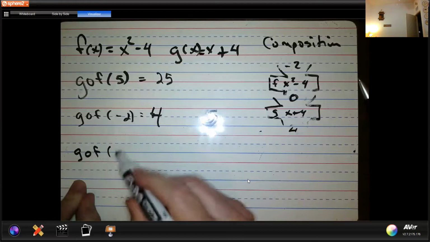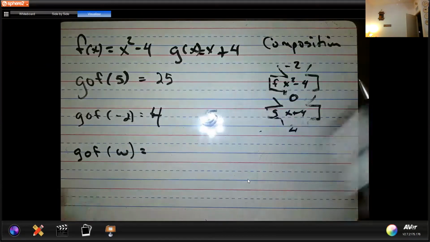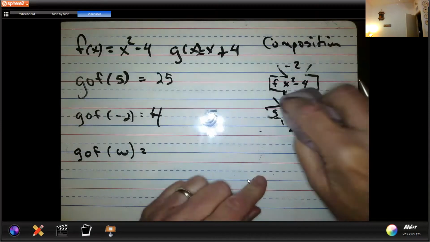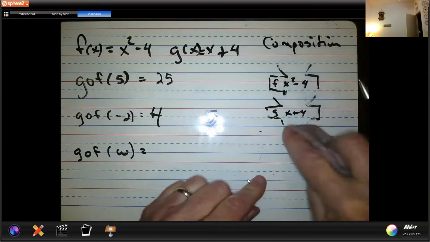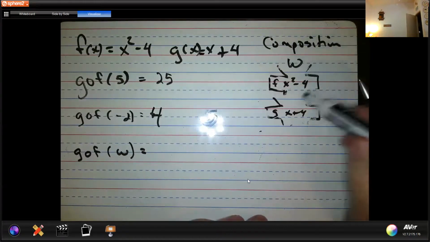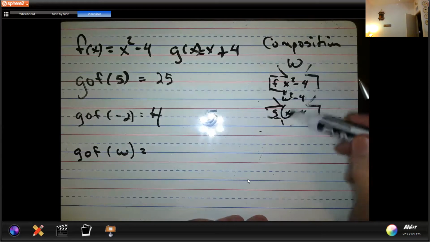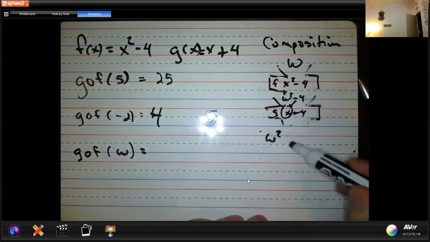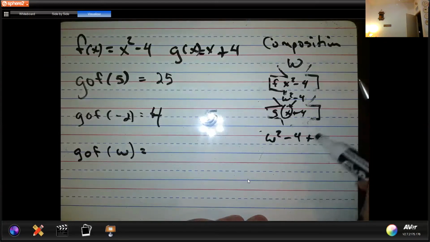Okay, now let's do the formula. G circle F of W. So that means I have to put W in here. That comes out W squared minus 4, and then that falls right into there, right? So I have W squared minus 4 plus 4.